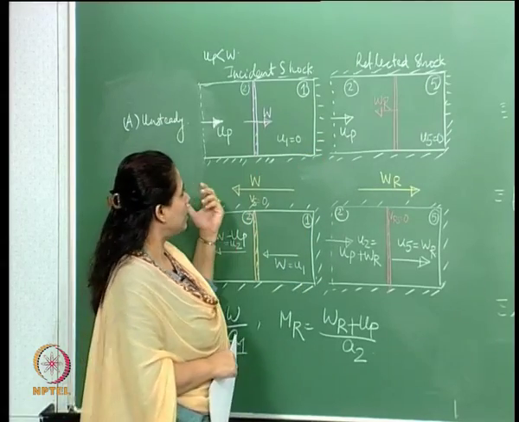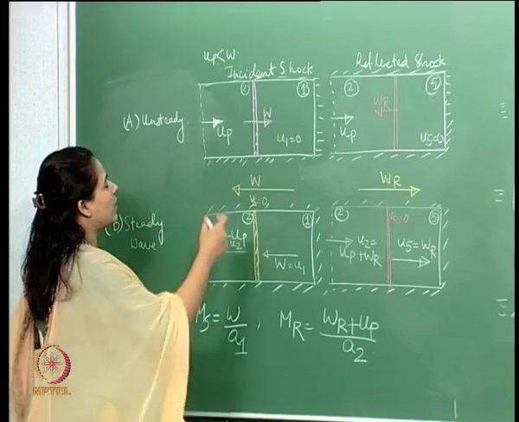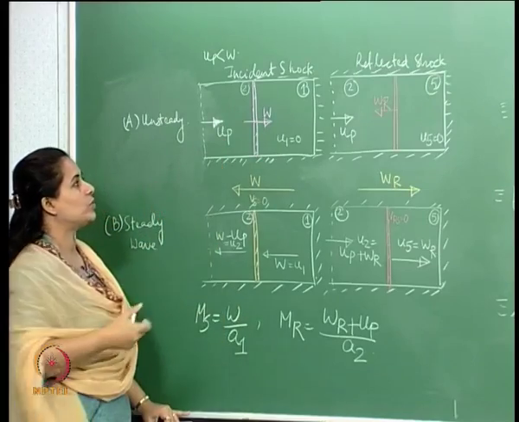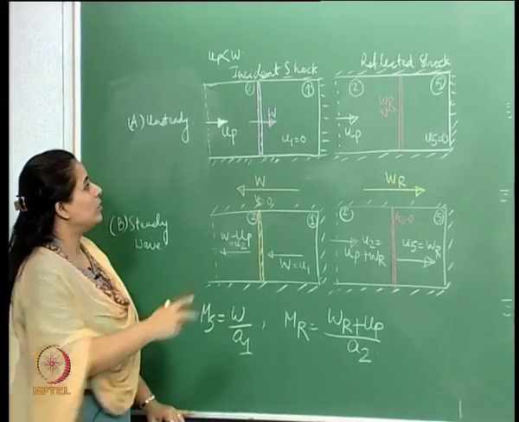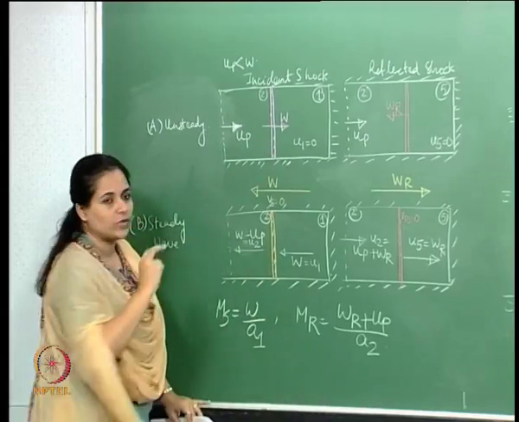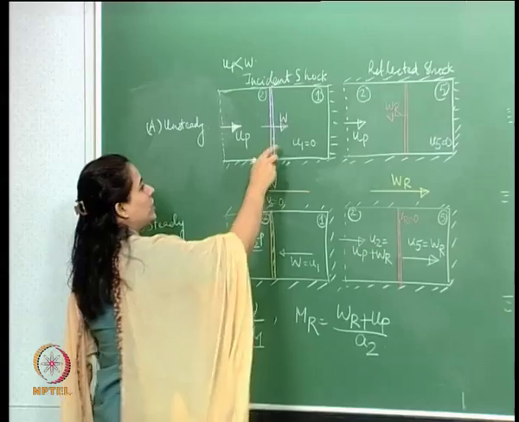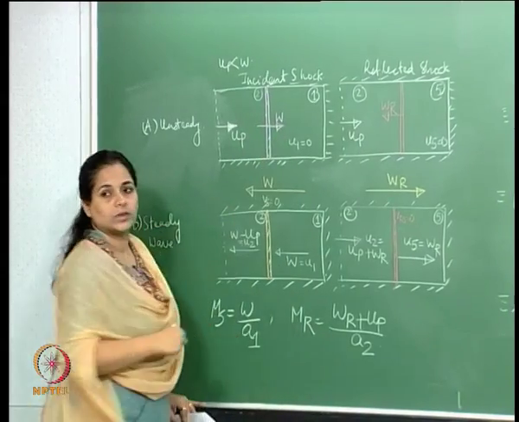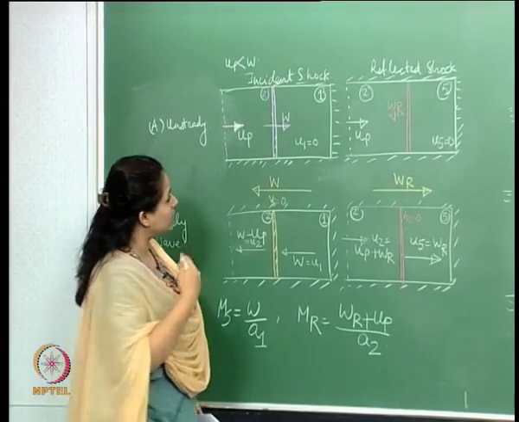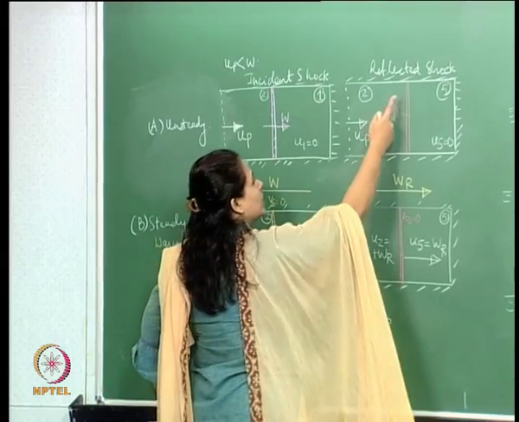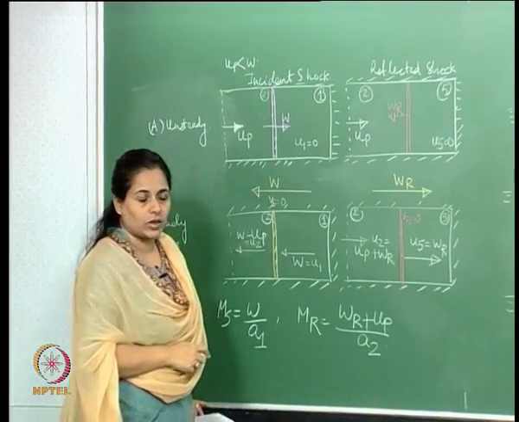Which in turn means that if I am aware of the pressure ratios between 2 and 1, between the driven and the driver sections, then I have an estimate of the nature of the shock, which in turn gives me an estimate of the nature of the reflected shock.